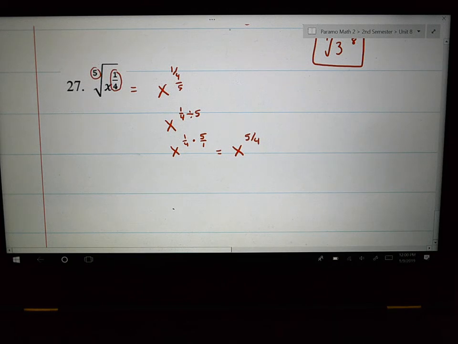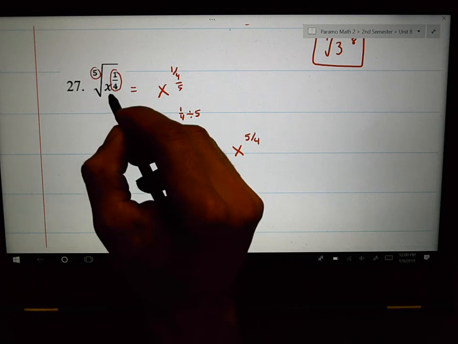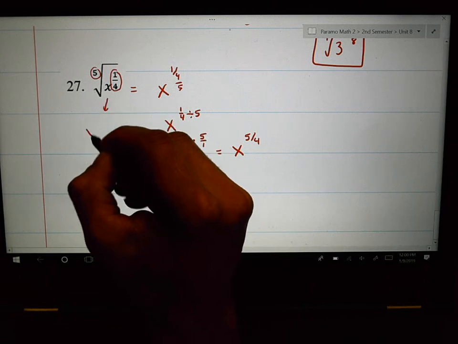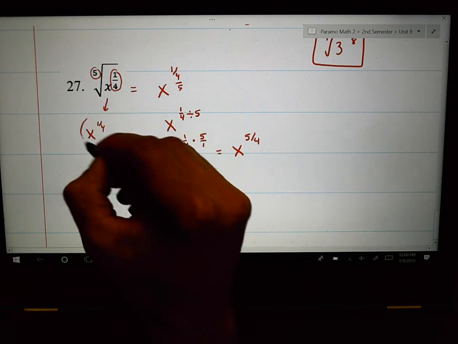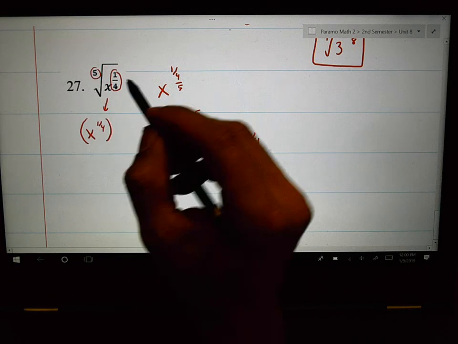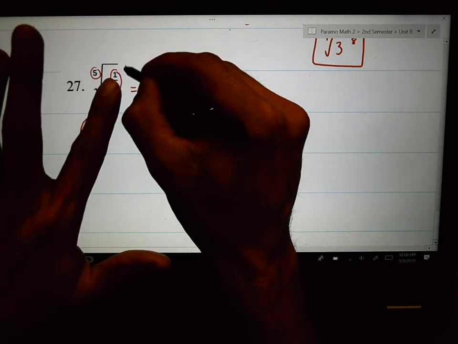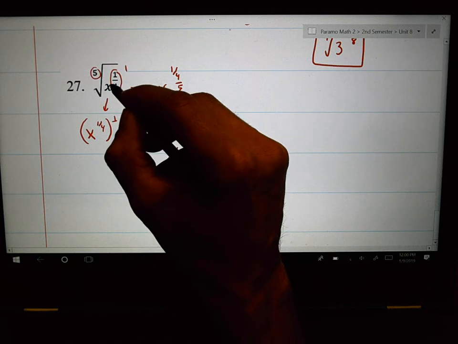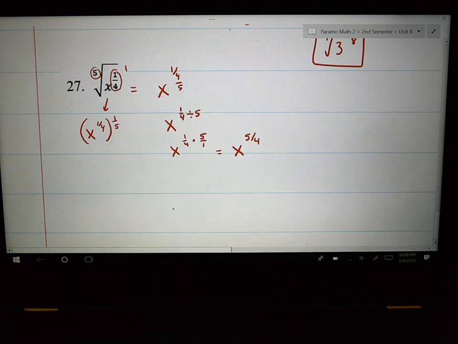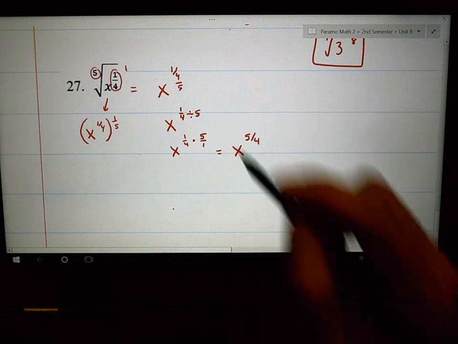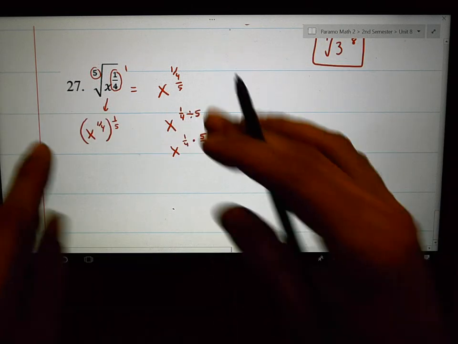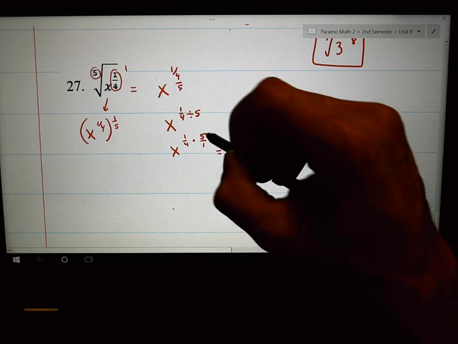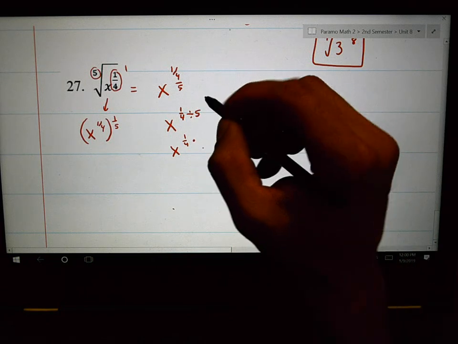X to the 5/4 power. I go like this. I say you have x to the 1/4. The 5 is here. I have one group of this stuff there. This is the same thing as x to the 1/4 to the 1/5 power. Did I mess up here? No, I did, didn't I? Okay, I'm sorry. Because our answers need to match, and I just realized that Mr. Dittman, I messed up your explanation.